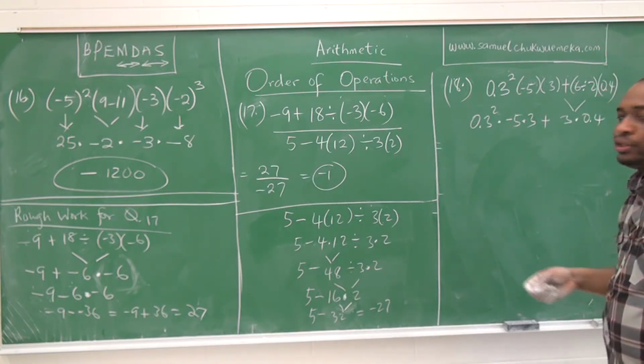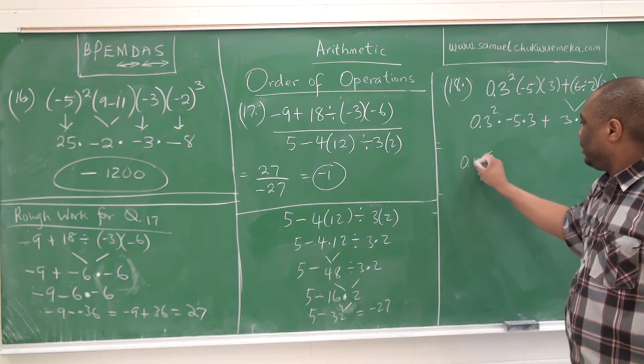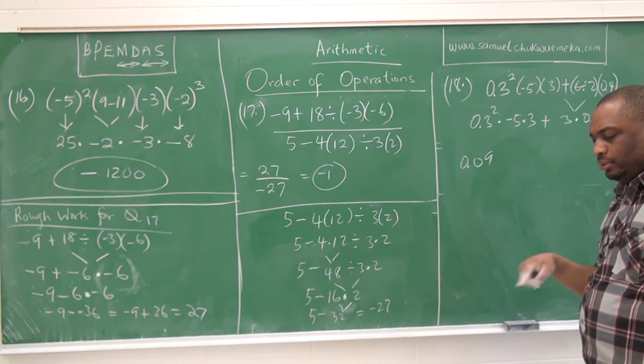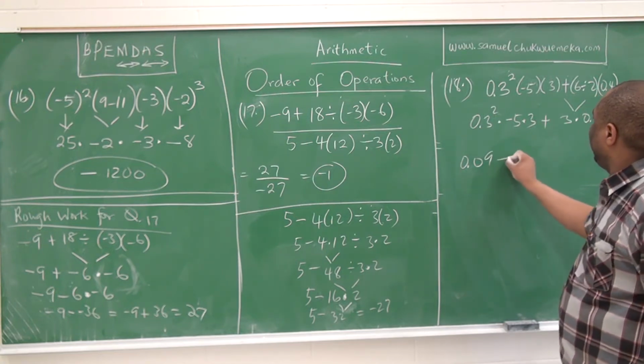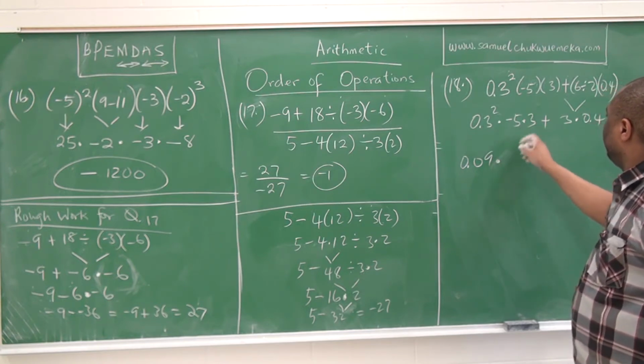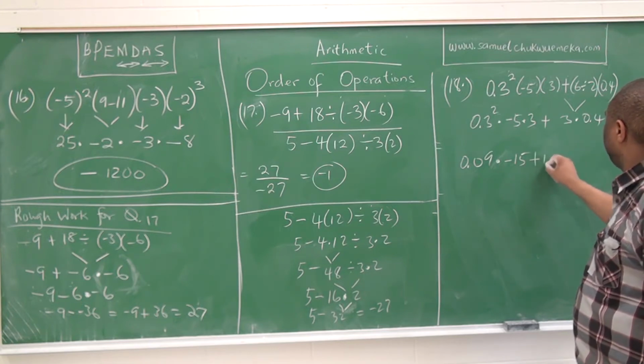So 0.3 all squared is what? 3 times 3 is 9. That is 0.09, right? Then times -15 plus 1.2.